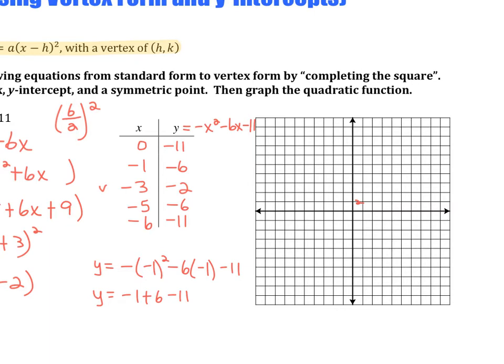So I've got (0, -11), and again, I'm going to go down by 2s: 2, 4, 6, 8, 10. (0, -11) will be right here. (-1, -6) would be right here. (-3, -2) would be right here. (-5, -6) would be right here. And then finally, (-6, -11) would be right here.